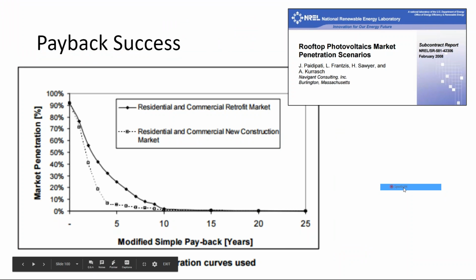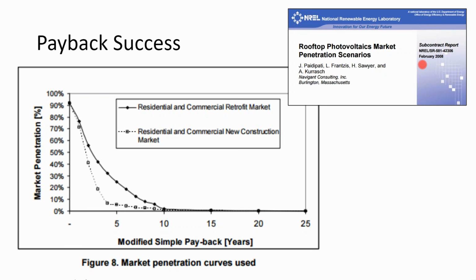So this is a study that was published way back in 2008. That's when I got into solar. This was one of the studies I read that really encouraged me to jump into the solar market. I think this figure was very important.